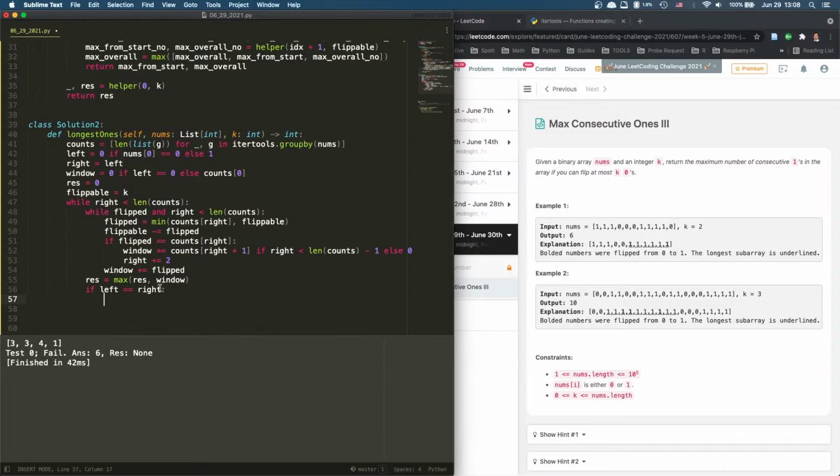That's fine. At the start, we just say left and right is the same. We're now attaching to the left, right? So we're attaching to the left. And then we say we're going to attach to the right. How do we attach to the right?